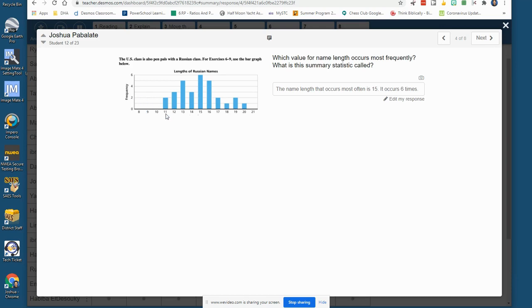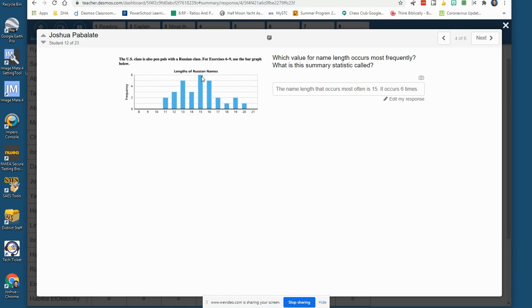For example, names with 11 letters happen 2 times. For 12, it's 3. Names with 13 letters happen 5 times, and so on. So the name length that occurs most often is 15, right here.